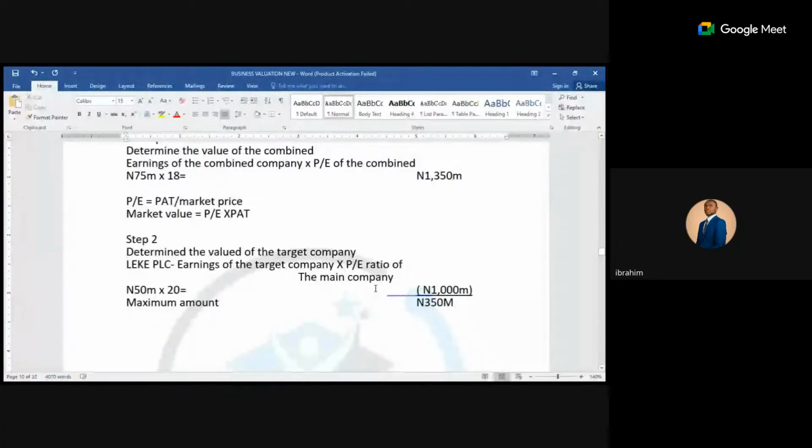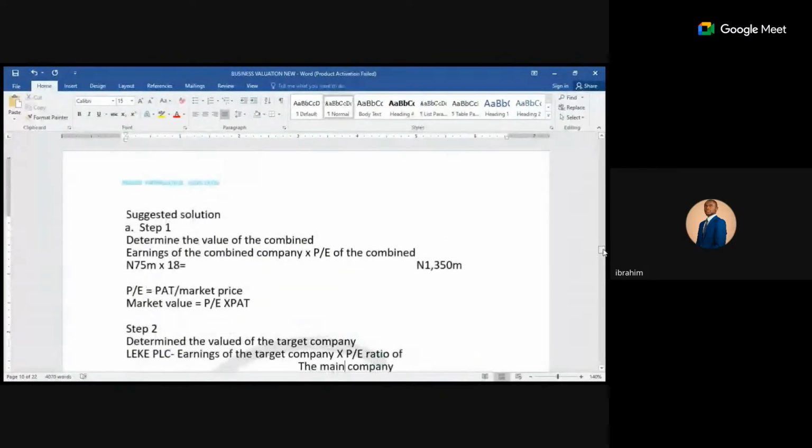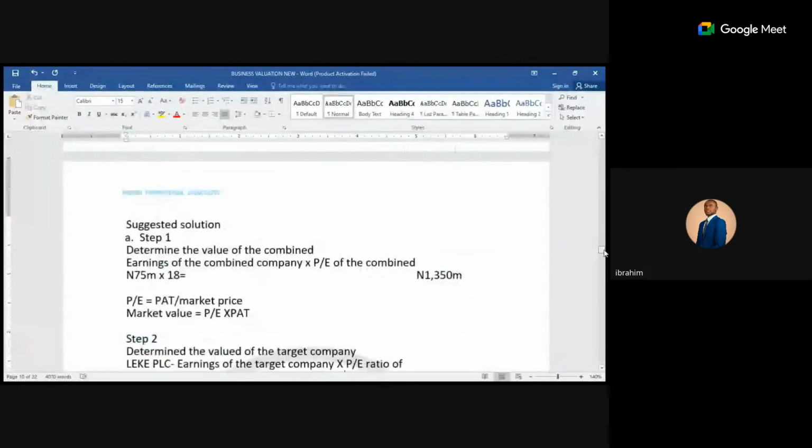So remove it. The difference is the maximum amount you can pay for the acquisition using the concept of PE ratio.